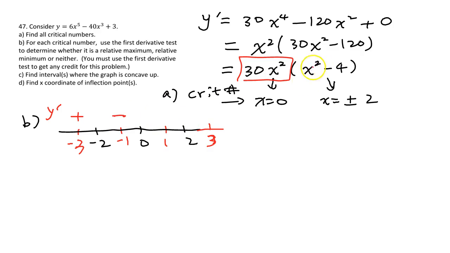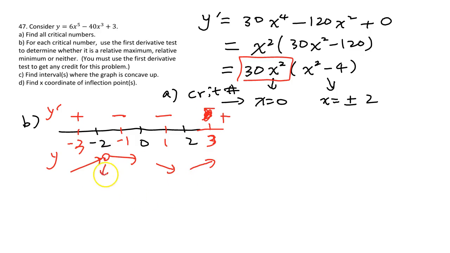If I plug in 1, squared minus 4 is -3, which is negative. If I plug in 3, squared is 9, 9 minus 4 is 5. Okay. So using this, we see that y is increasing and then decreasing and then decreasing and then increasing again. Oh, this is positive. Okay.